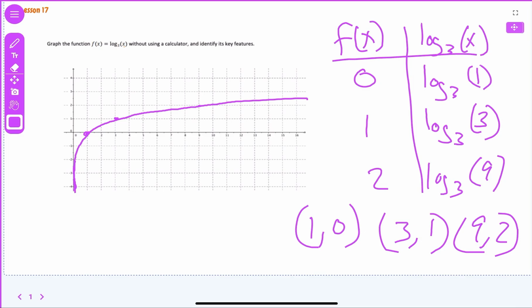Now, let's talk about it because it wants to identify its key features. Well, what do we talk about key features? Anybody remember? We got domain, range, and then we talk about end behaviors. We'll just say ends. And then we have, what else?